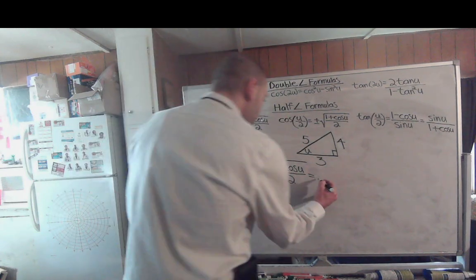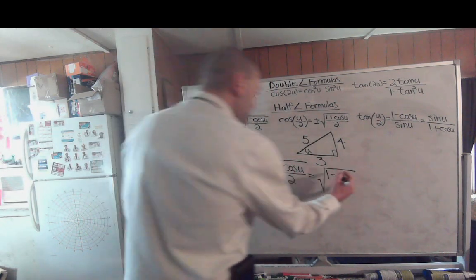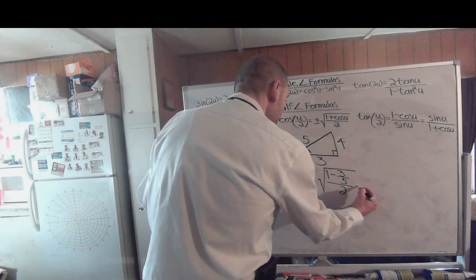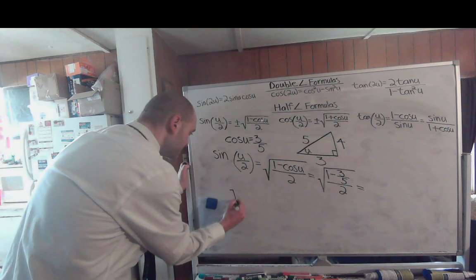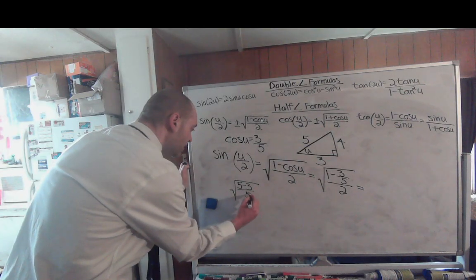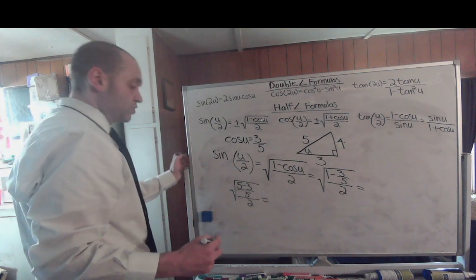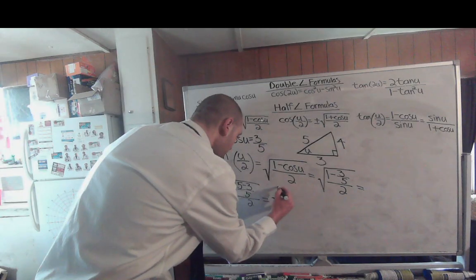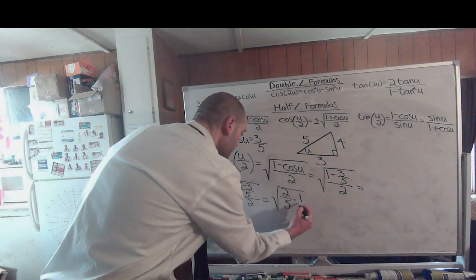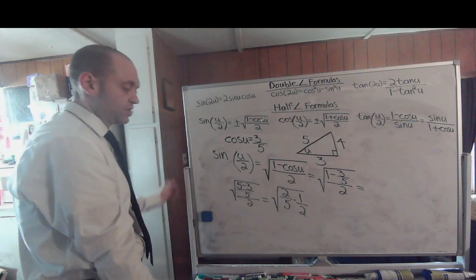So in this case, that'll be the square root of 1 minus, that cosine of u is 3/5, so 1 minus 3/5 all over 2, which would turn this into the square root of 5 minus 3 over 5 all over 2, which would then give us the square root of 2 over 5, really times 1 over 2, since you invert and multiply, since you would have a complex fraction.